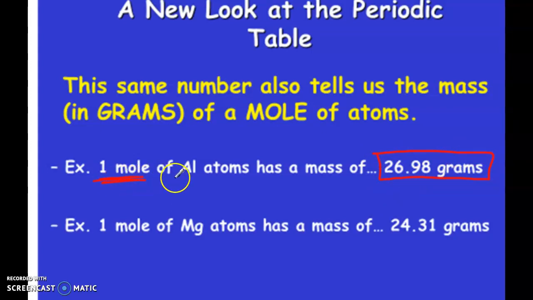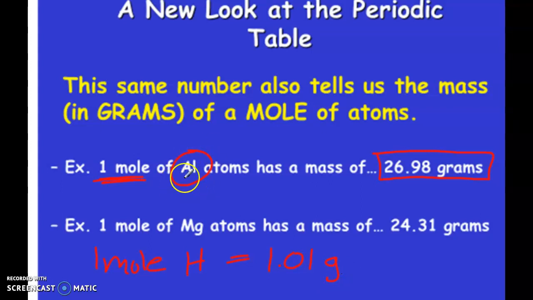So 1 mole of aluminum atoms would now weigh 26.98 grams. 1 mole of magnesium atoms has a mass of 24.31 grams. If we were to look at 1 mole of hydrogen, it would weigh 1.01 grams.